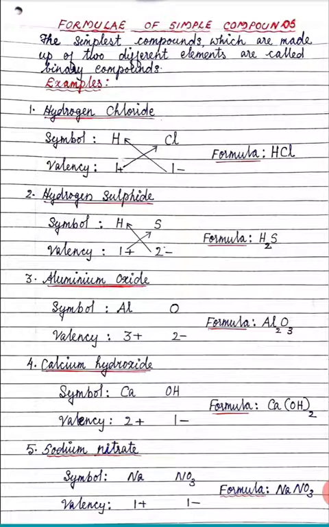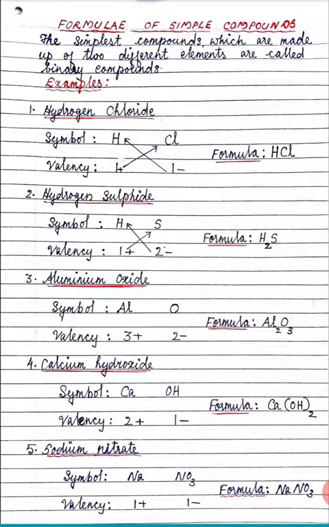Then you have to cross over the valencies. While crossing over, we get HCl, because both valencies are 1, so there is no need to write the number. We write the compound as HCl.